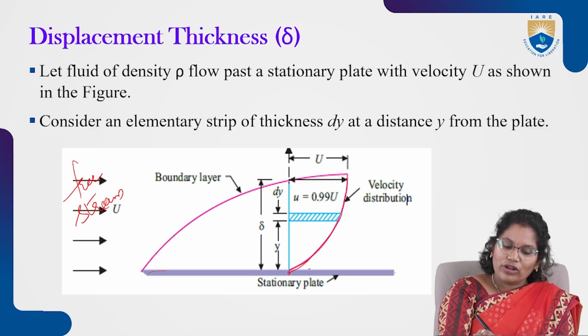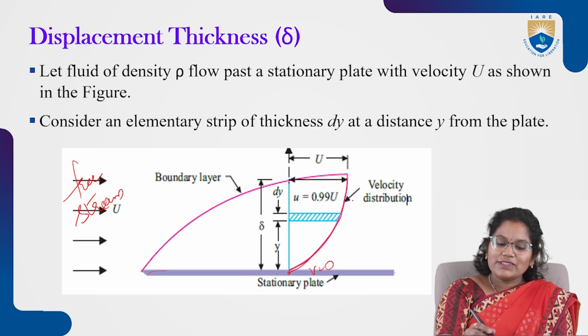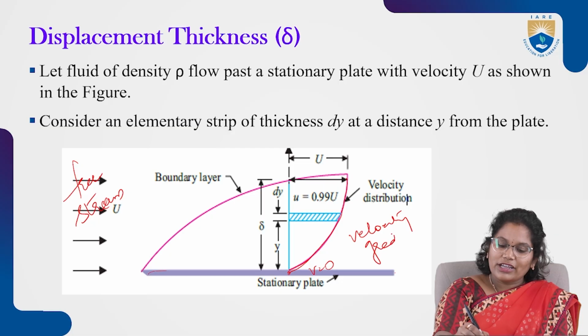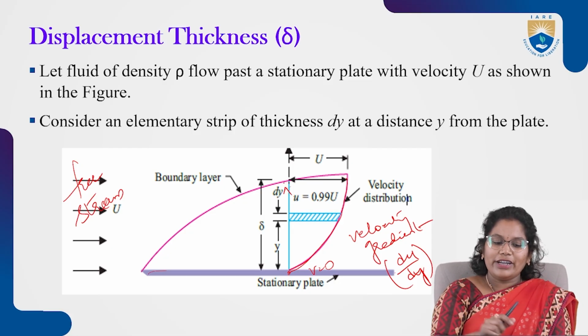At the boundary the velocity is 0. As you move upwards, the velocity varies. We see velocity gradients, that is du by dy, a change in velocity as you move in the y direction.